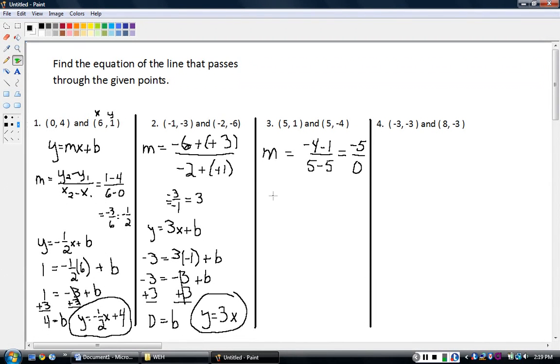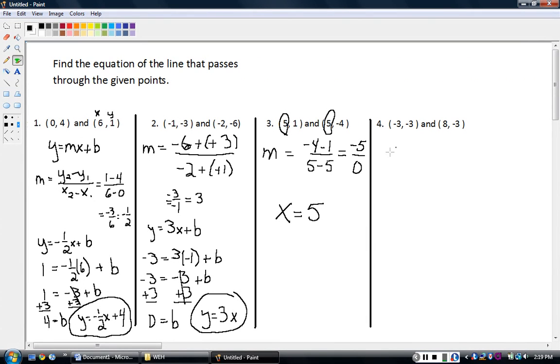That's an undefined slope, so you might remember from the last video, this is going to be an x equals equation. The undefined slope is a vertical line, right, which is always an x equals constant. And here's the hint to this. When you see these two numbers, it makes it easy. The x values here are the same. Anytime that happens, they're always going to be the same. It's just x equals 5.